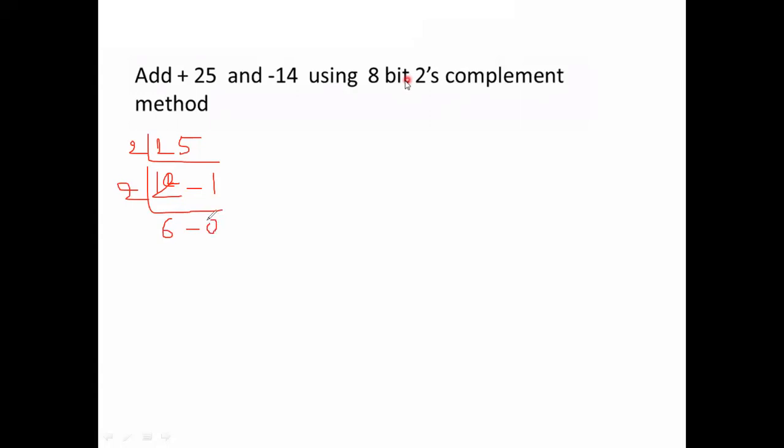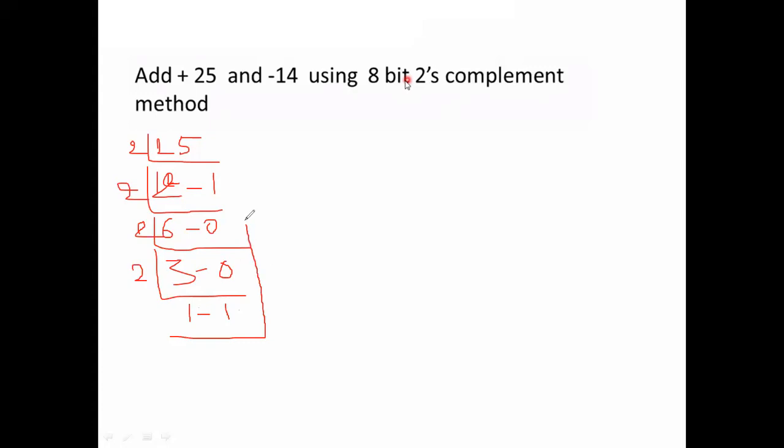The remainder is 0. Next, again this will be divided by 2. Then 2 3s are 6. The remainder is 0. Next, 2 1s are 2. What is the remainder we are getting? 1 is the remainder.